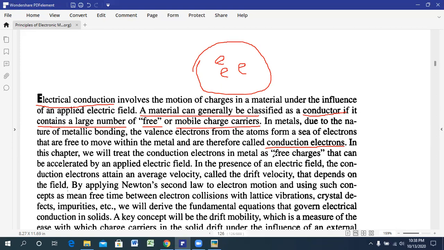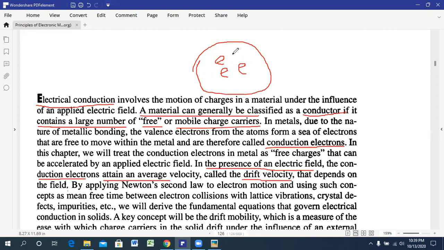Now, in the presence of an electric field, the conduction electron attains an average velocity, and this velocity is known as drift velocity. So in the presence of an electric field, these conduction electrons, that means the outermost shell electrons, attain an average velocity, which is known as drift velocity.